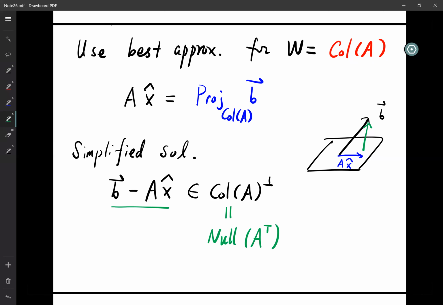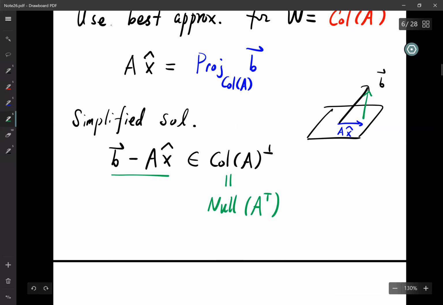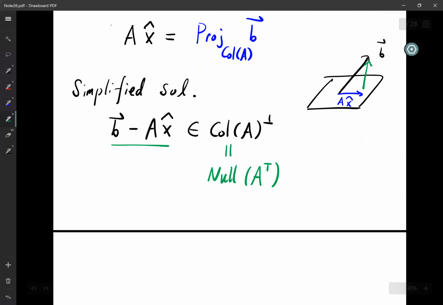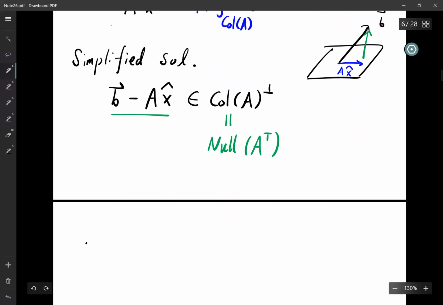Why is it the null space of A transpose? Because everything that is in the column space of A perp satisfies A transpose x equal to 0. That is literally saying inner product with the first column is 0, inner product with the second column is 0, and so on. And so that just says A transpose x equal to 0. Now, if it belongs to the null space of A transpose, what does it mean? It means that A transpose (b minus A x hat) should be 0.